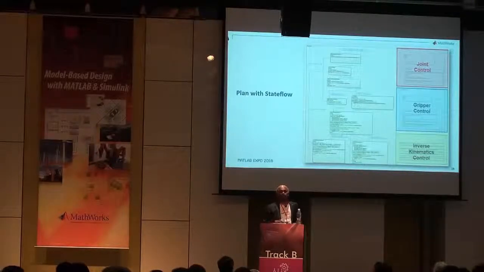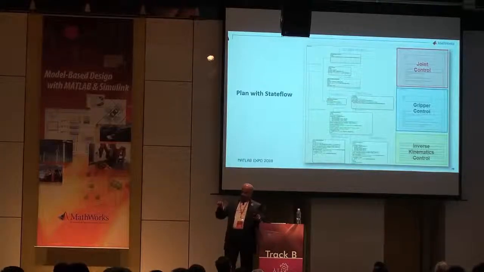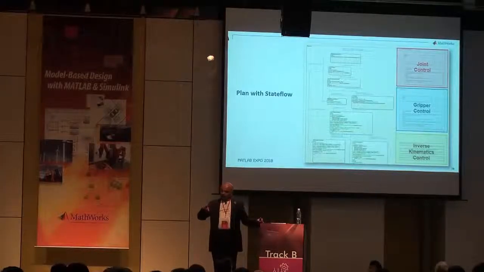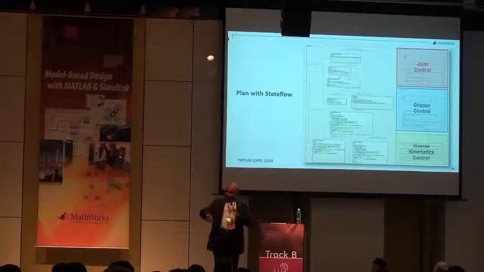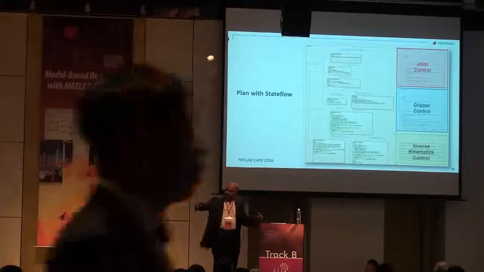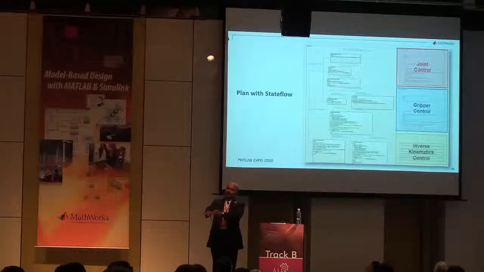There is inverse kinematics control. For those of you that don't know inverse kinematics, basically if I know that I need to go to that point and it has some XYZ coordinates, how do I tell the robot joints to move to get to that XYZ point? All inverse kinematics does is map those XYZ Cartesian coordinates into the joint coordinates of the robot.